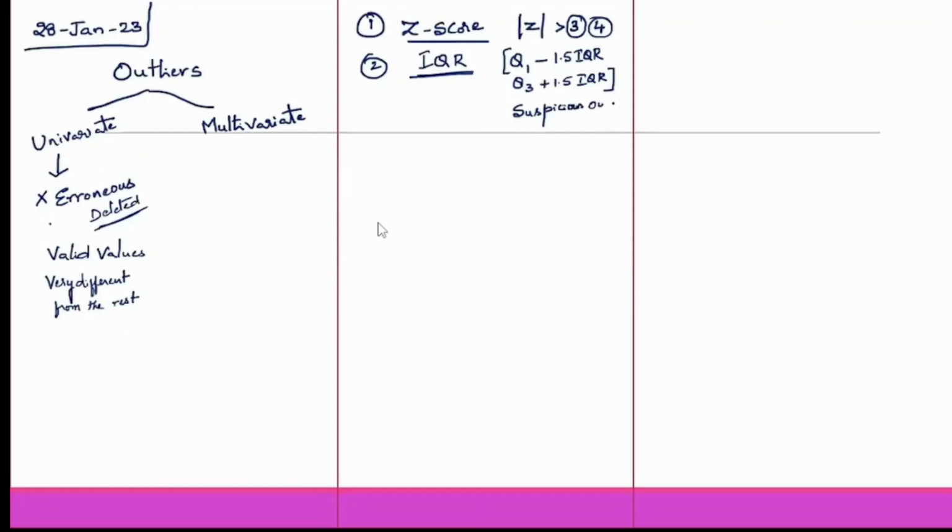But in case the limits are much wider, say Q1 minus 3 times the interquartile range and Q3 plus 3 times the interquartile range, if the values are beyond these limits, then we may say they could be serious outliers. I am not right now talking about what you want to do with the outliers. I'm only talking about the possible outliers.